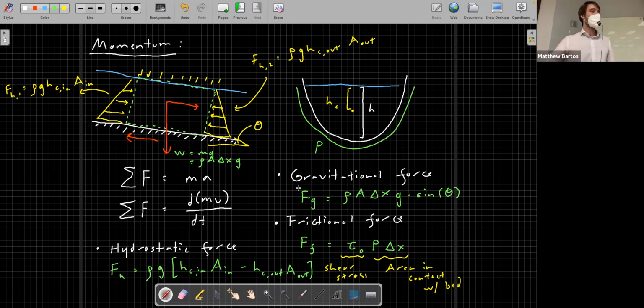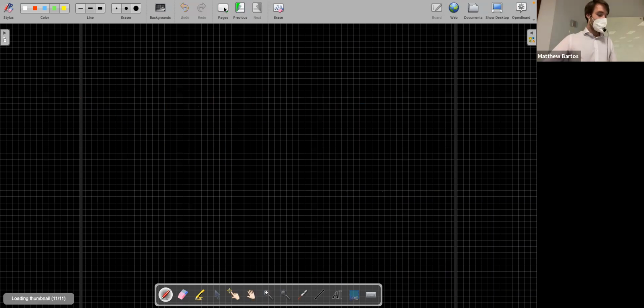Okay, great. So we have all of our forces. Now what we need to do is show that the sum of the forces acting on our fluid volume is equal to the rate of change of the momentum. So let's look at the rate of change of the momentum.